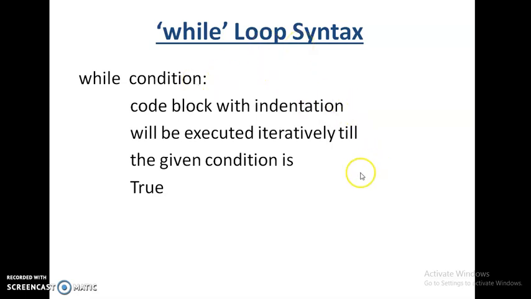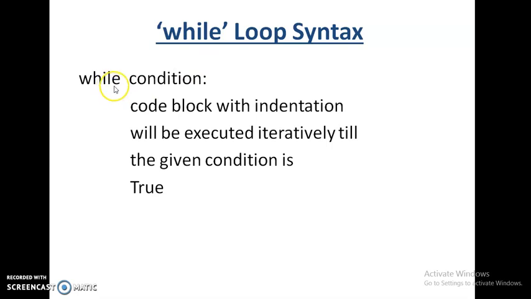A certain part of a source code has to be executed repeatedly or iteratively as per the given situation. In that situation, loops are a very useful programming construct. There are two loops in every programming language, while loops and for loops. Now let us see the working of the while loop.